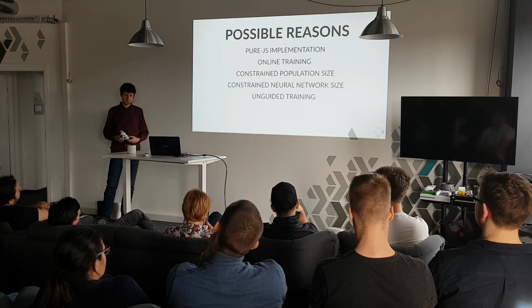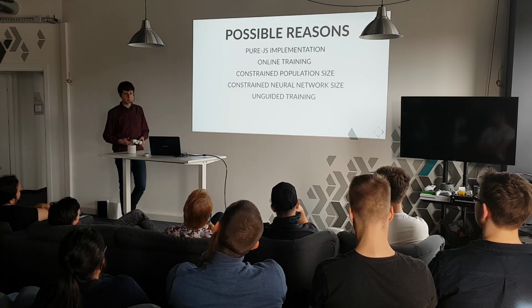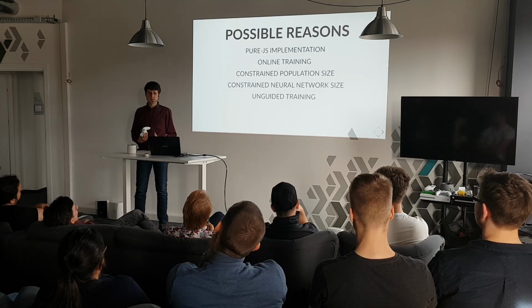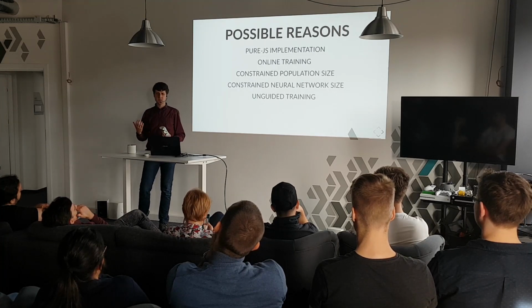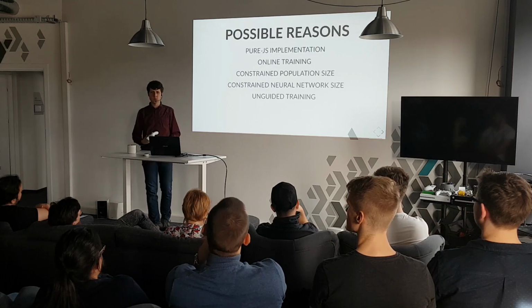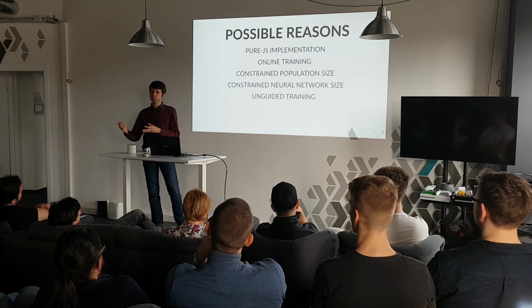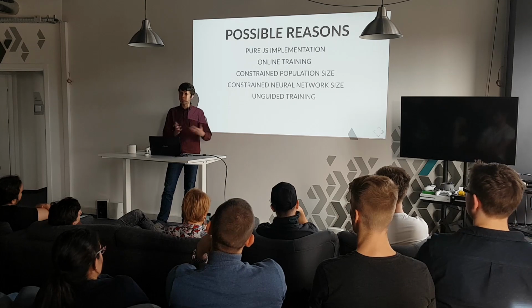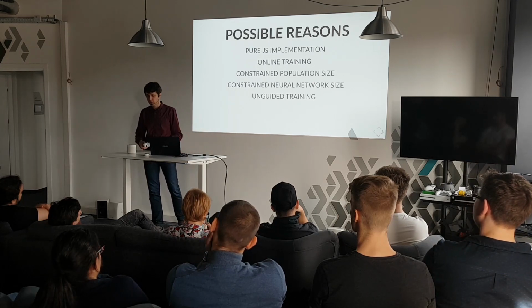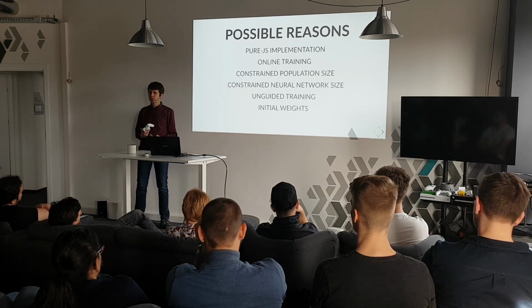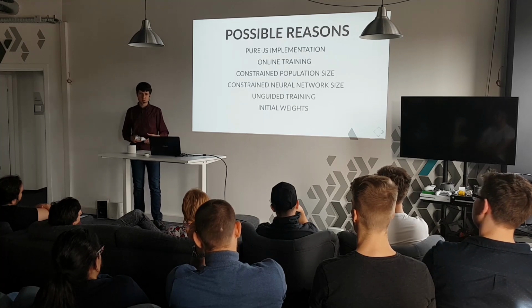A big thing that I think contributed to this not performing that well is that genetic algorithms are kind of unguided training. What happens is that you are doing random iterations, and you are hoping that they're going to bring you closer to your goal. When you are training neural networks using backpropagation, the network error is backpropagated through the network, and the weights are adjusted according to how much they contributed to the error.